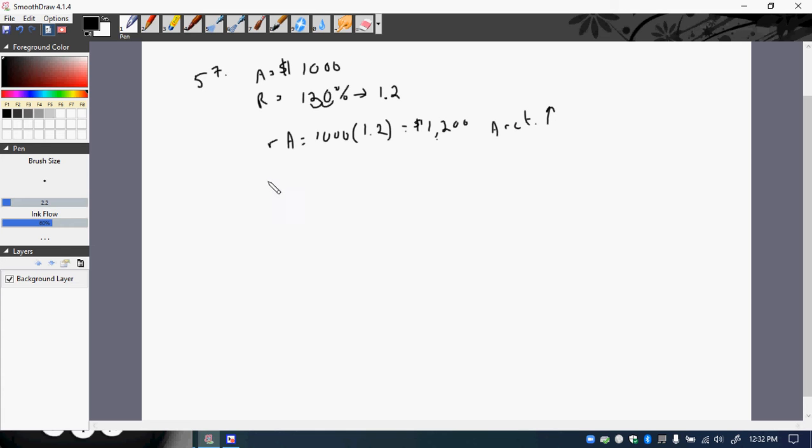Okay, and then the final value would be to take this amount, because that's the end, and then add it to the amount that we have. So that would be the A plus the actual amount, which is 1,200. So we're going to get $2,200, and so that's going to be our final value.